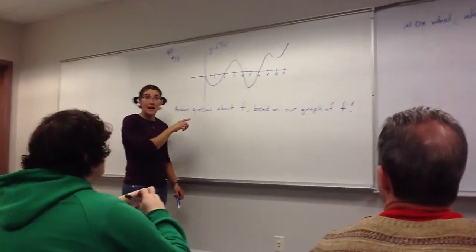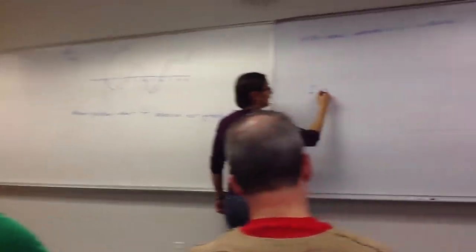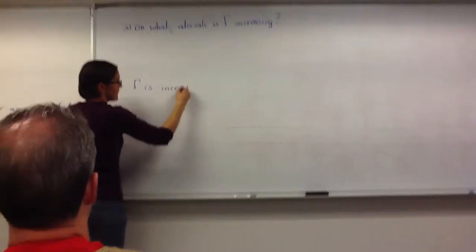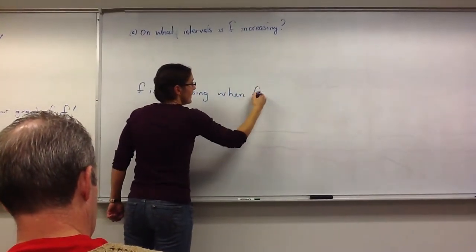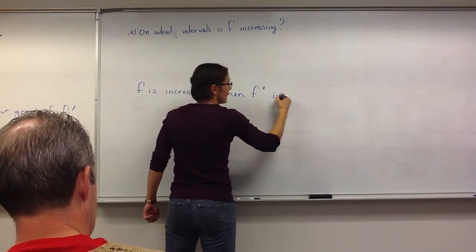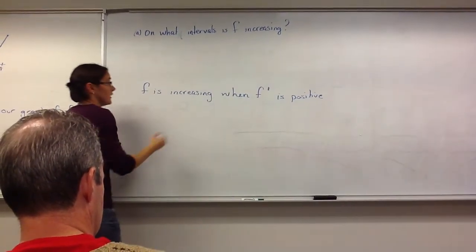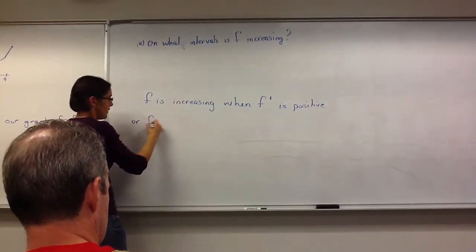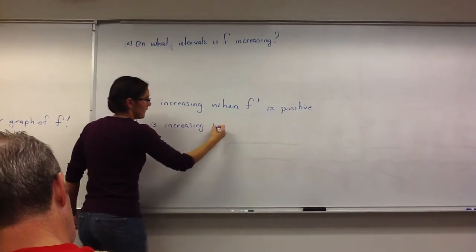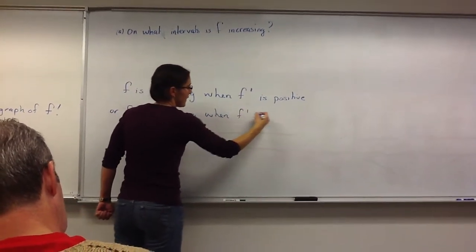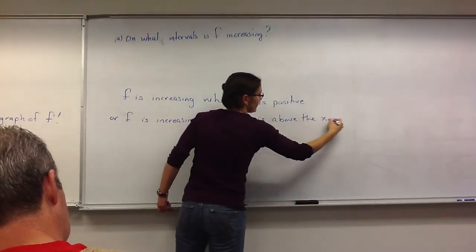Okay, so when f is increasing, this is my thought on this, f is increasing when f prime is positive. Another way of saying that, or you could say, f is increasing when f prime is above the x-axis.